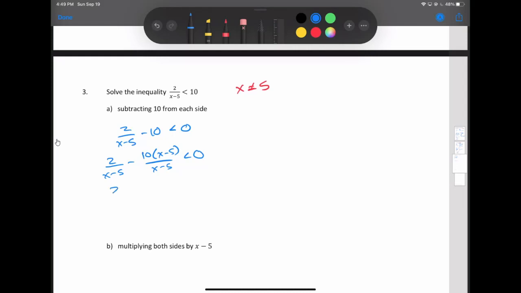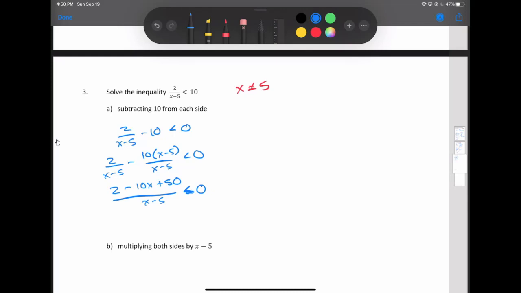That gives me 2 minus 10x plus 50 over x minus 5 is less than 0.